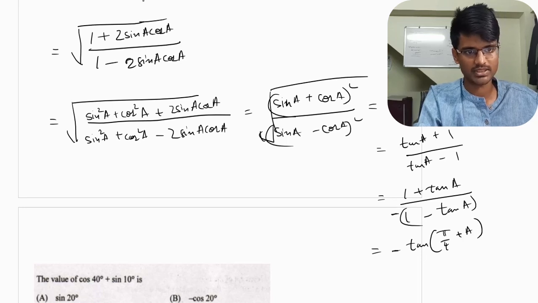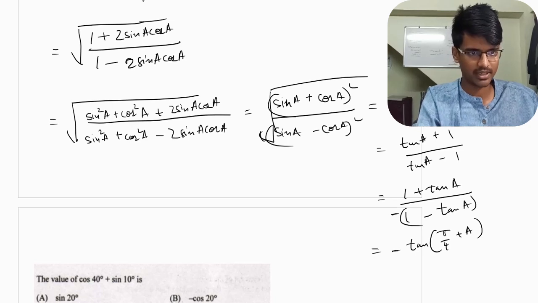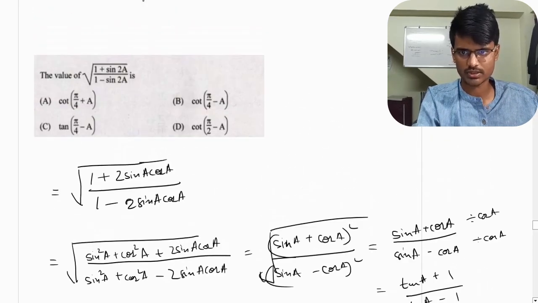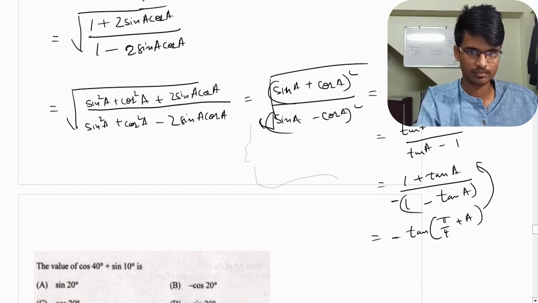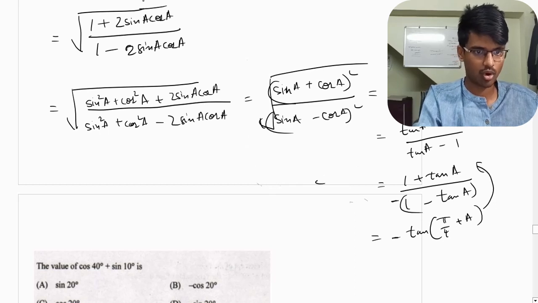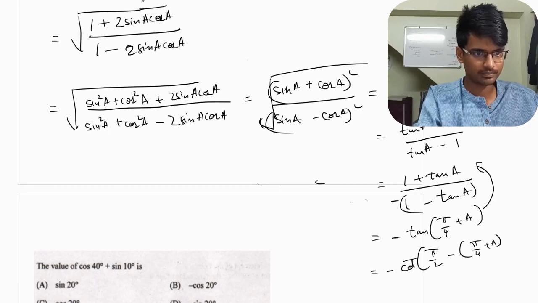Let me just check the options. If you expand this again, we'll get the same thing. None of the above matches; they have given tan of pi by 4 minus A. So how can I write it in terms of cot? Minus of cot of pi by 2 minus of pi by 4 plus A. This is again tan.